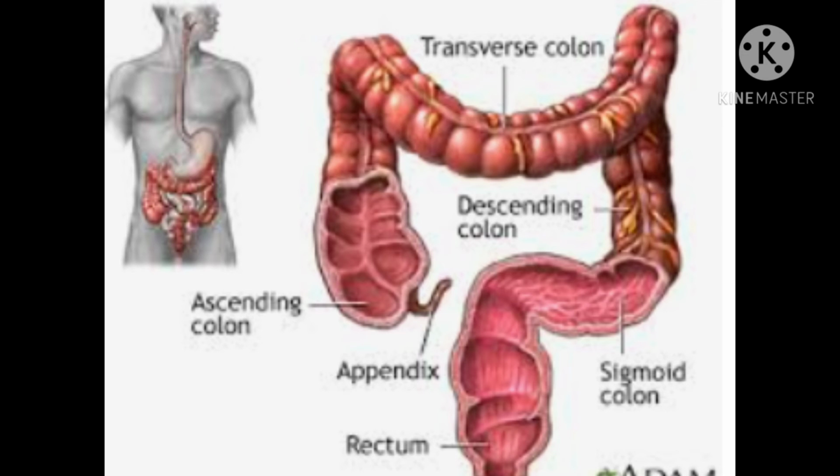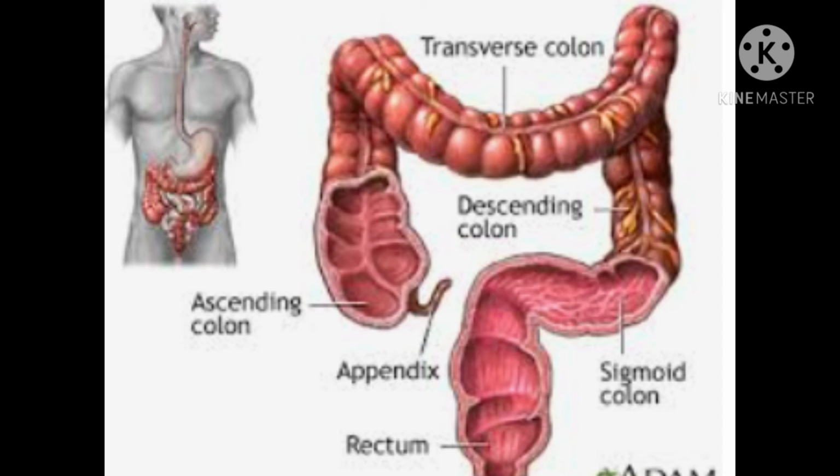Next we will learn about the large intestine. The unabsorbed and undigested food is passed into the large intestine, which is about 1.5 meters in length.